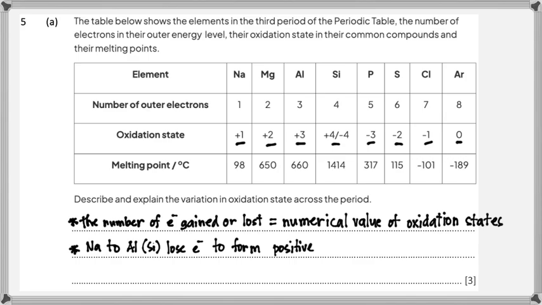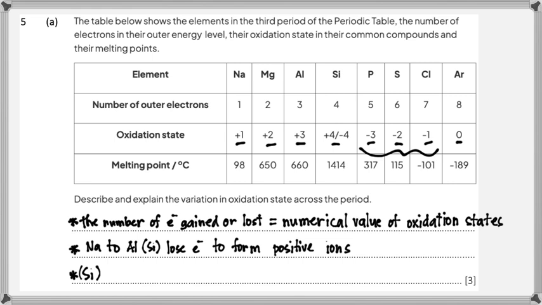From phosphorus to chlorine, as you can see, the oxidation states are negative. So we can say silicon, which includes silicon as well, let's put it in parentheses because it either loses or gains 4 electrons.